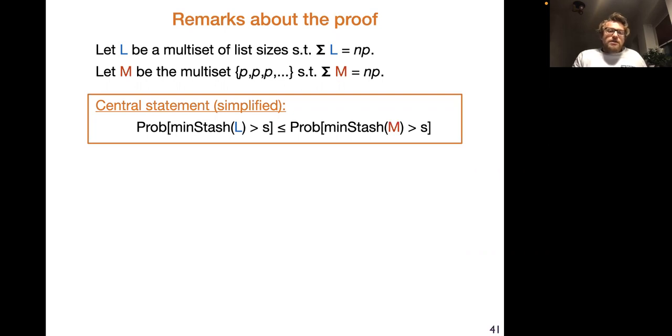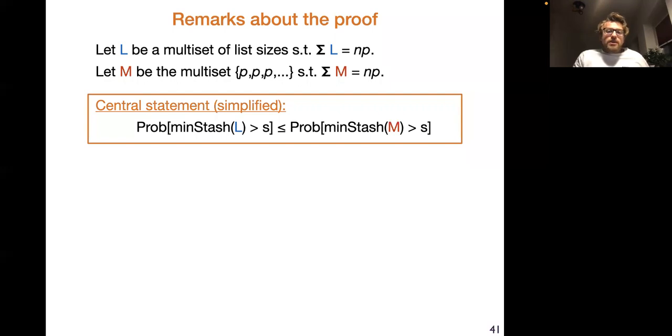The central statement of the proof, a bit simplified, is that the probability that the minimal stash size is bigger than S, so that your stash overflows with the initial, arbitrary list distribution L, is upper bounded by the probability that the stash overflows given the list distribution M.